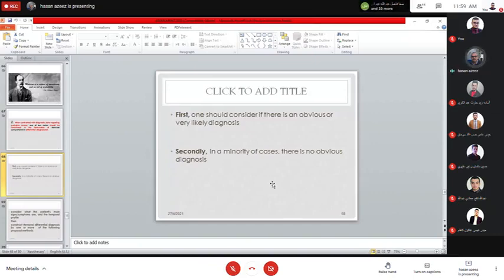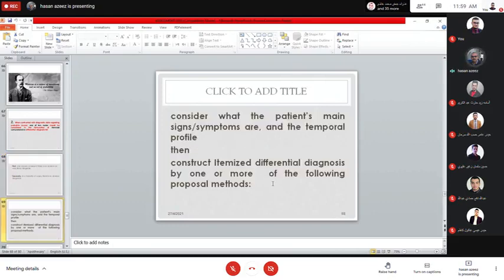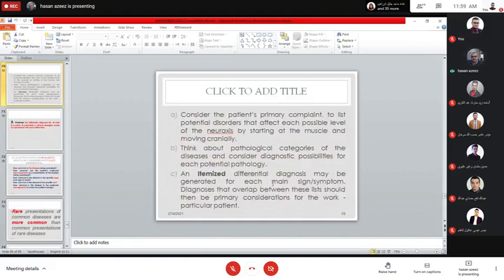Secondly, in a minority of cases, there is no obvious diagnosis. There is nothing obvious I can put first. In those minority, consider what the patient's symptoms and signs are and what the temporal profile is. Then construct an itemized differential diagnosis by one or more of the following proposals.